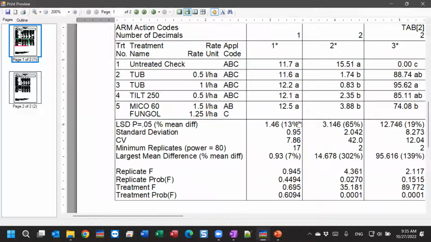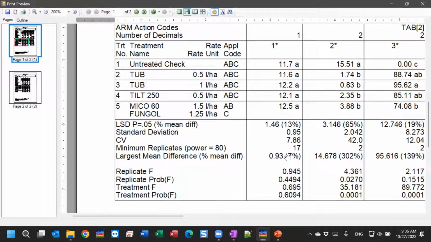And that's sitting at 13%. So we would only have a significant difference if there was a larger difference between treatments, larger than 1.46. And in this case, we only had 0.93 was the very largest. So that would explain why there's no differences.